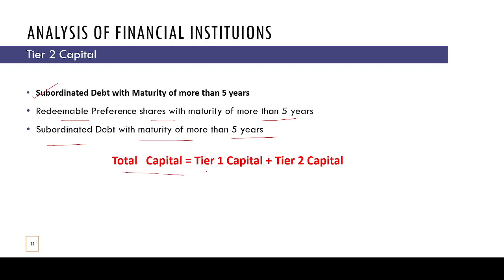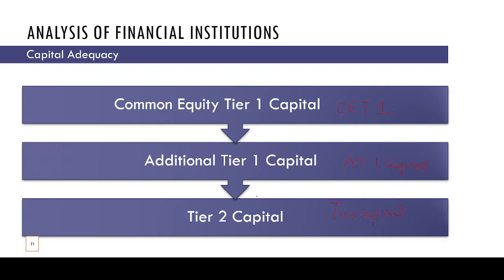Then we have total capital, which equals Tier 1 plus Tier 2. And remember, Tier 1 is made of two components, CET1 and AT1. Okay. So now that we've discussed the various layers of capital that the bank has, we will discuss the order in which losses would be absorbed by these three types of capital. The first to absorb losses, if the borrower fails to repay the bank, would be the CET1 capital.